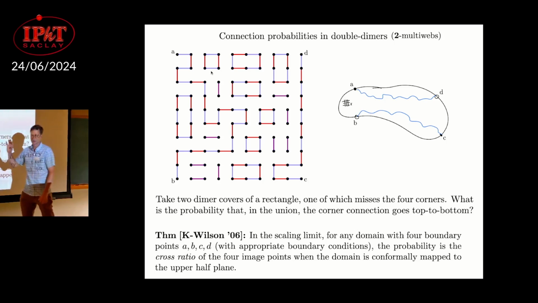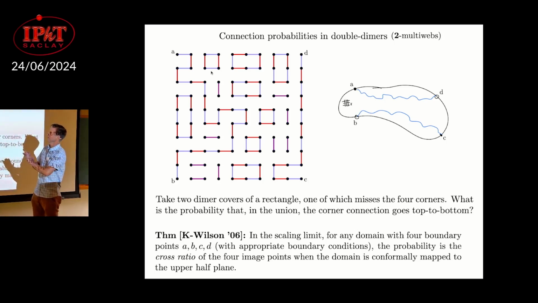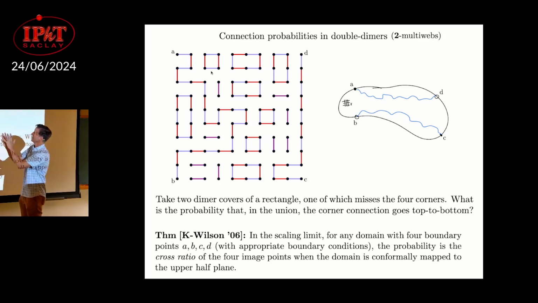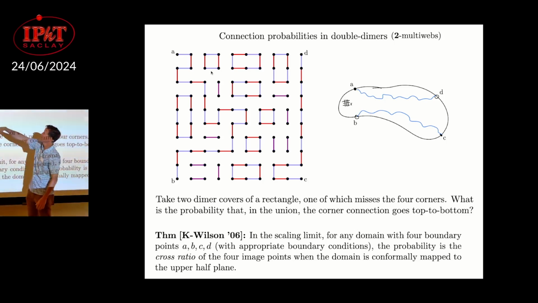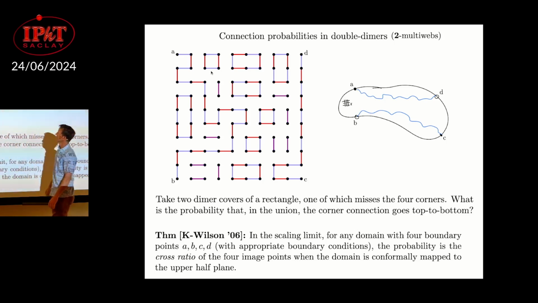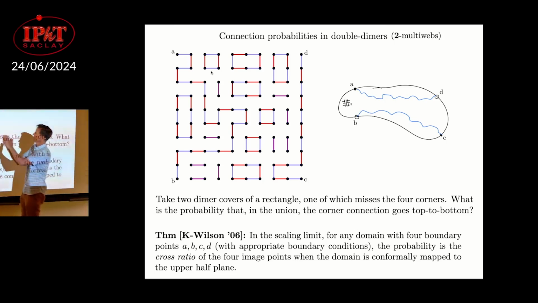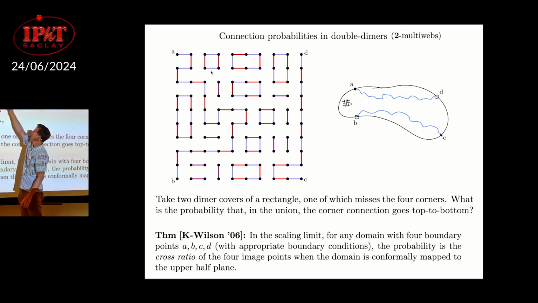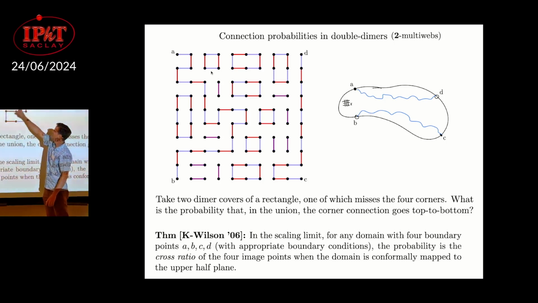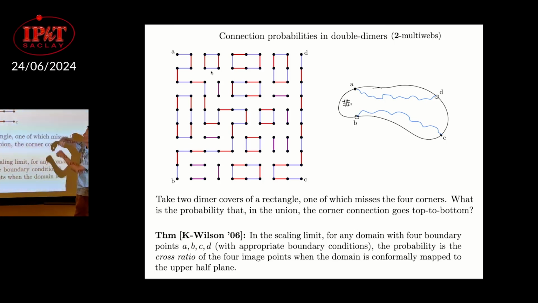Here's a small motivational slide. This was for other probabilists, so maybe it's not new to people here. If I take two dimer covers and just superimpose them, a blue dimer cover of the square and a red one of the square minus the four corners, so the red dimer cover does not cover the four corners, and you draw them on top of each other, then you get loops, some doubled edges, and chains which connect the four corners.